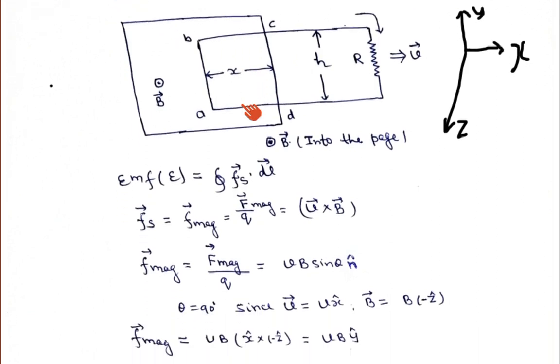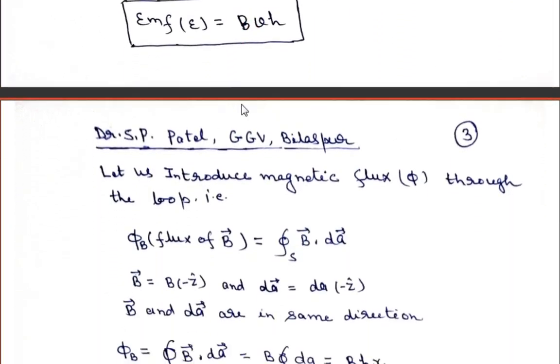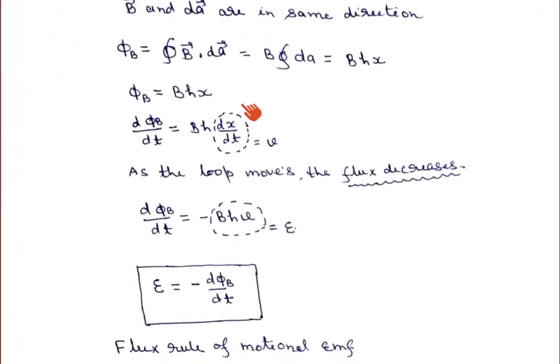If you differentiate the flux of B, that is phi b, with respect to t, d phi b upon dt is equal to B h dx upon dt, and this dx upon dt is the velocity of the loop, the velocity of the circuit in the x direction, the x component.